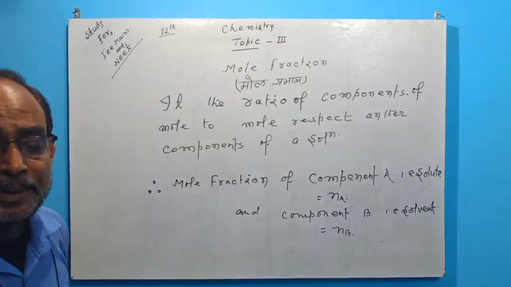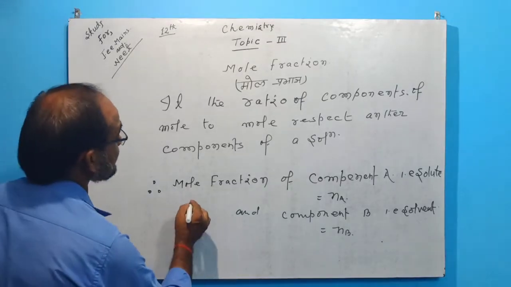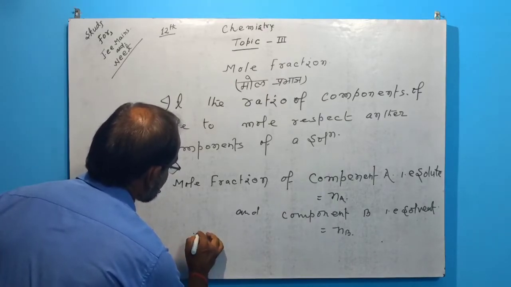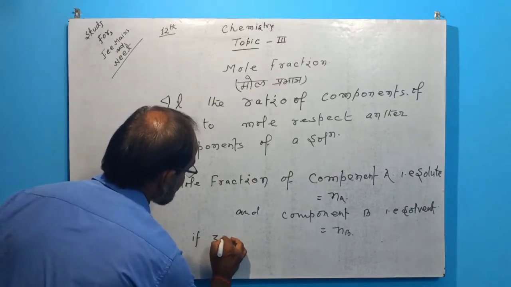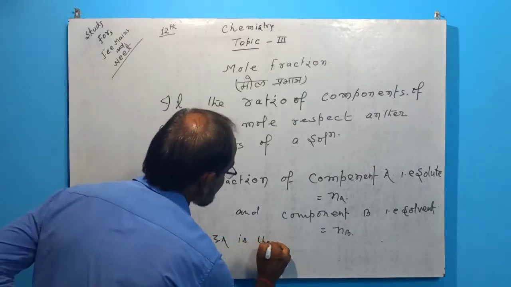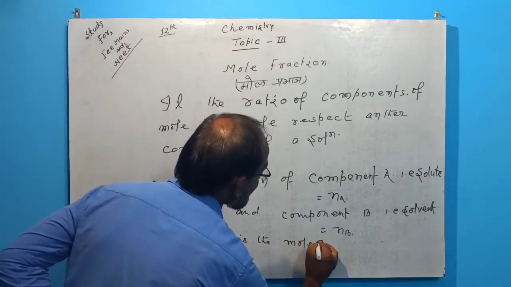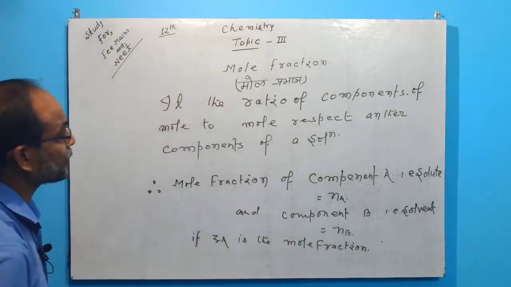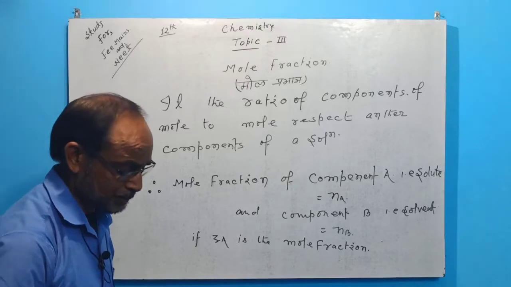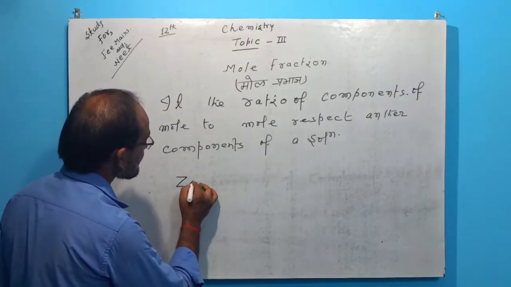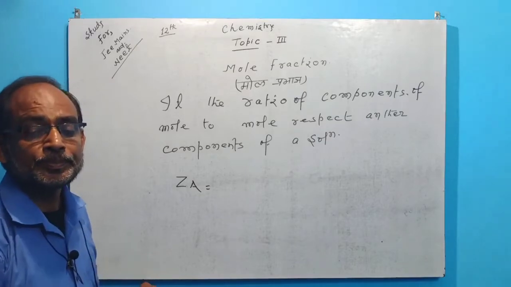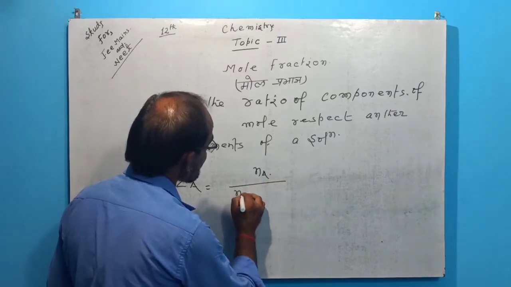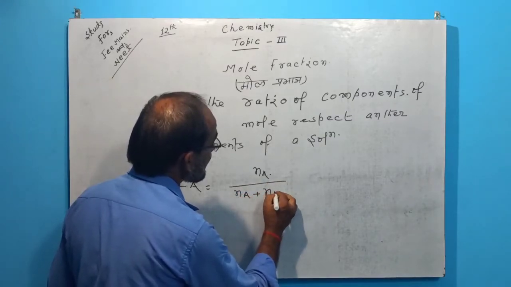Za is the mole fraction. So Za equal to Na upon Na plus Nb.